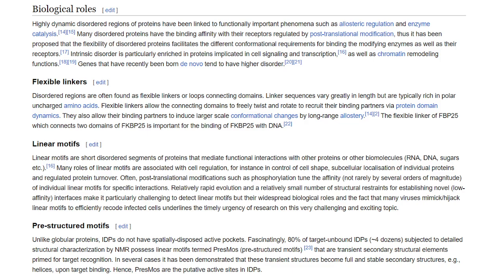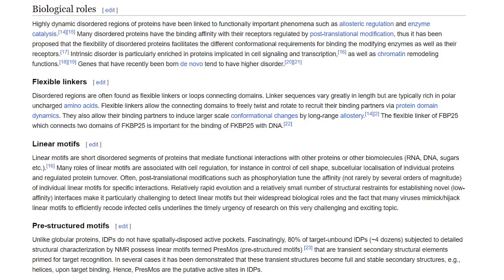And the most difficult thing is that, unlike globular proteins, they do not have active pockets. So they bind using a particular sequence, or by folding upon binding. They fold upon binding, and the structural characterization of linear motifs is very difficult.